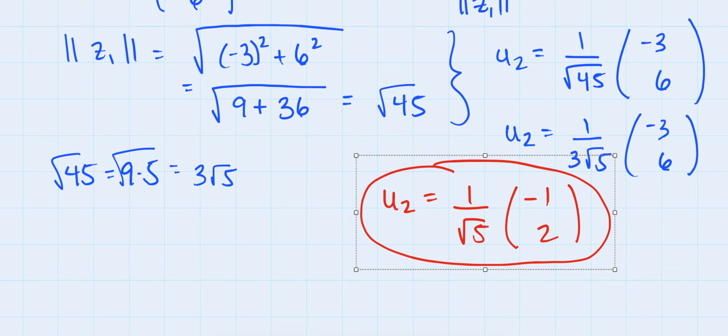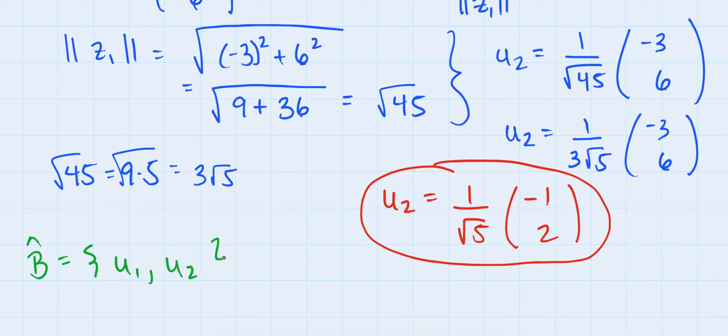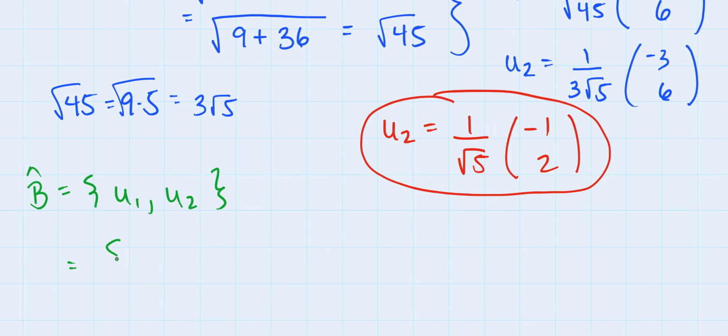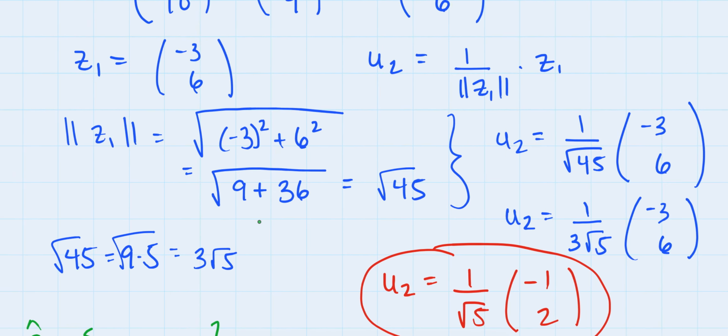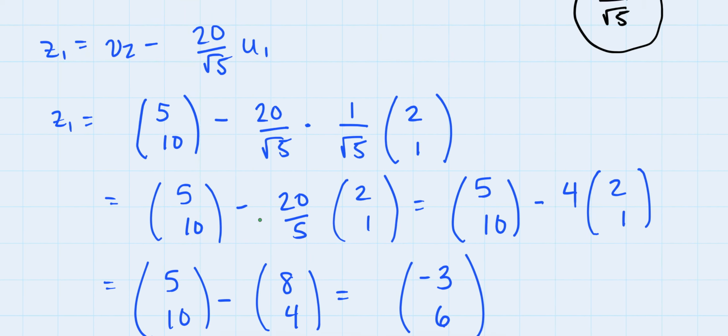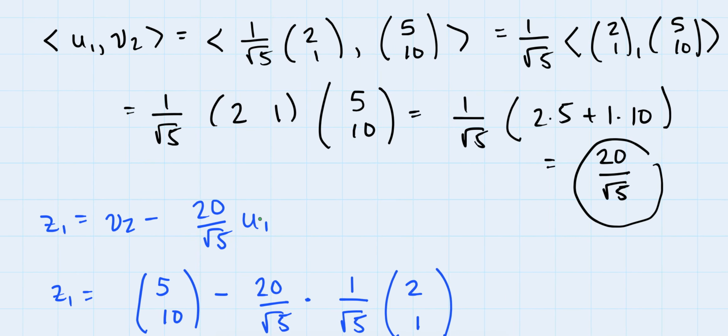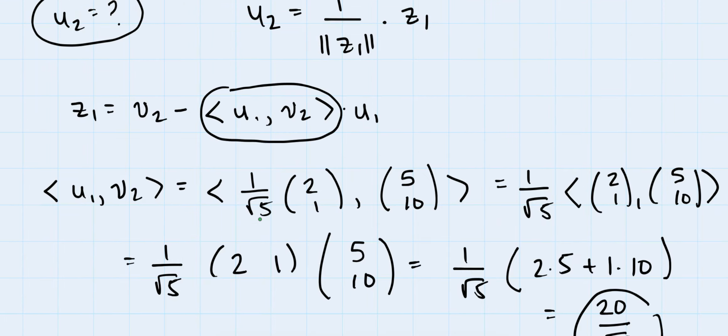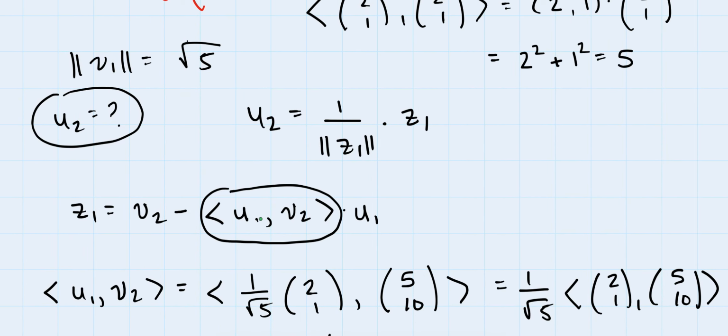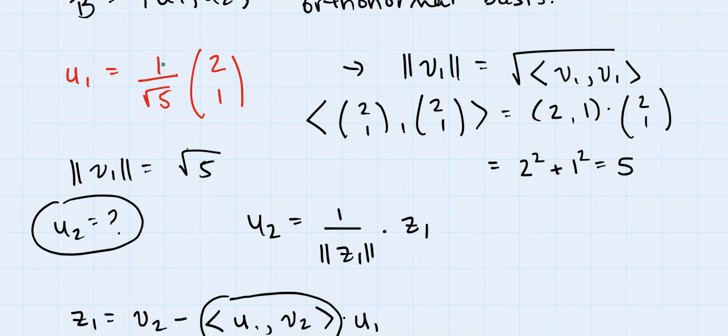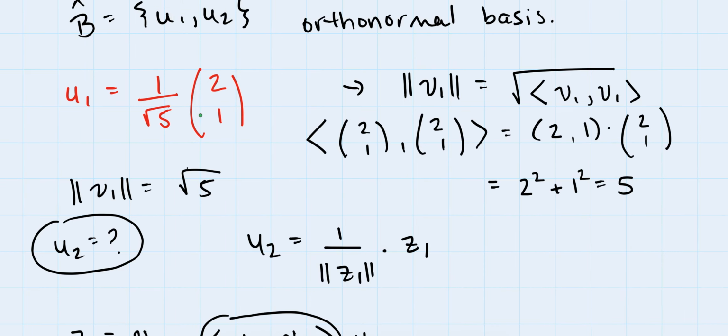So our basis, B hat, which is U1 comma U2, is equal to 1 over root 5. I think the first one was (-1, 2). Let me just, if you don't mind, move up so I can recall what it was. Yeah, 1 over root 5 times (2, 1).